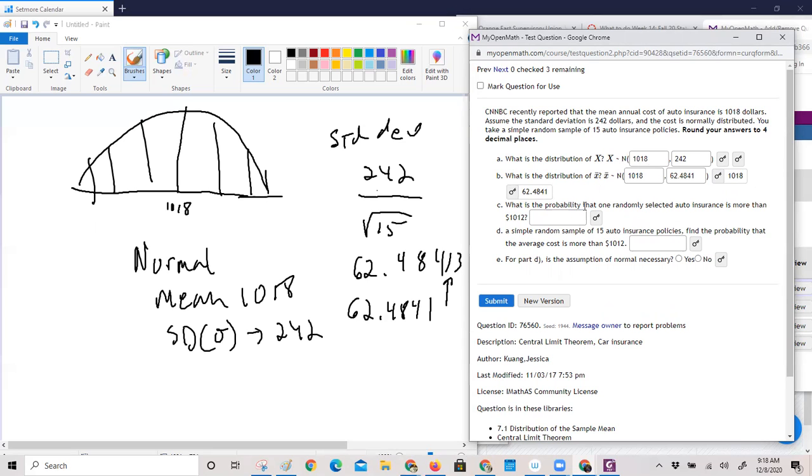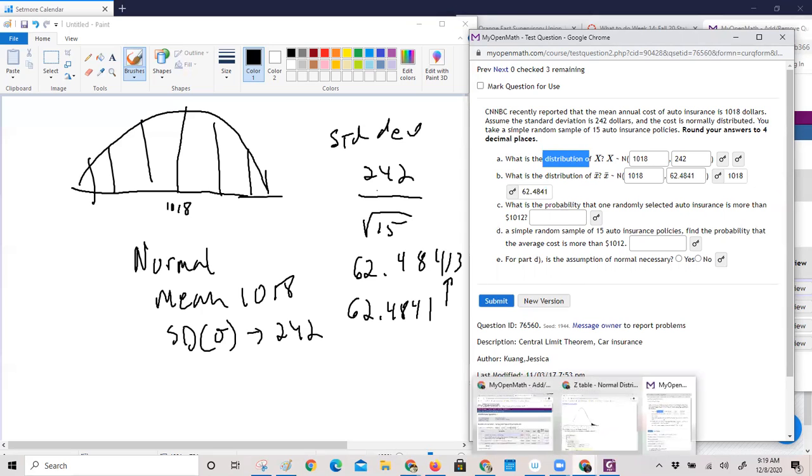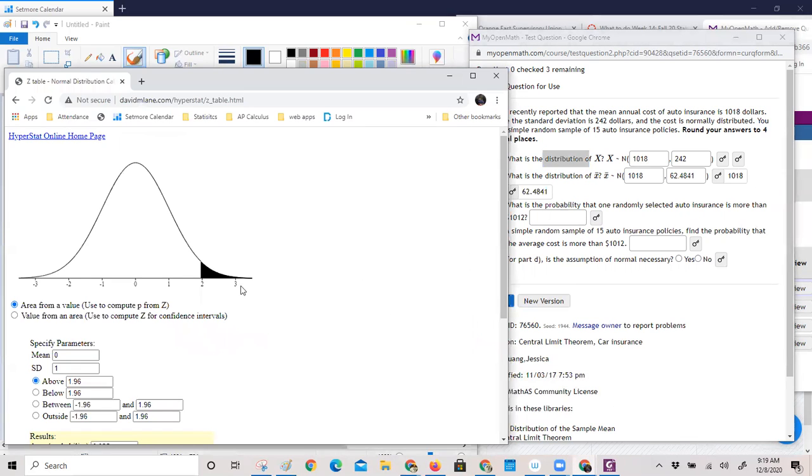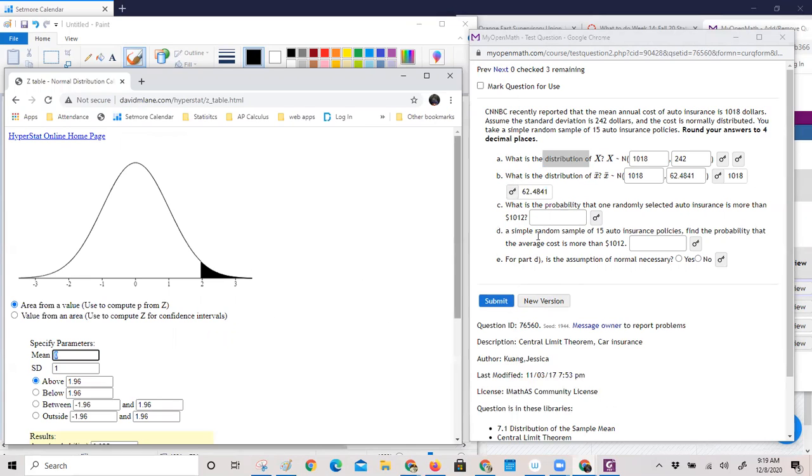Now for part C, what's the probability that one randomly sampled automobile insurance is more than $1,012? Well, see how it's one car? So we want this distribution. We don't want the sampling distribution. So I'm going to pull up David Lane, and I want an area from a value. I'm looking for a probability. Because I want that first distribution, I'm going to type in 1018.